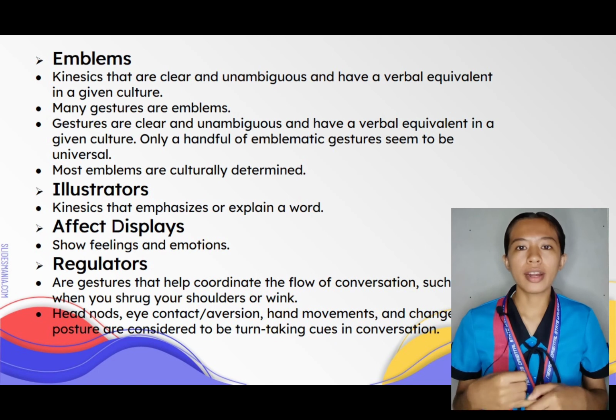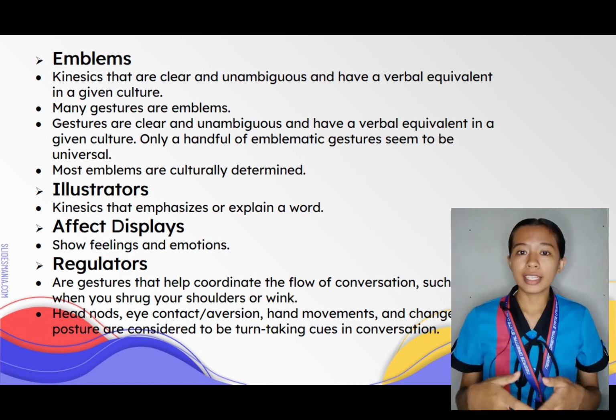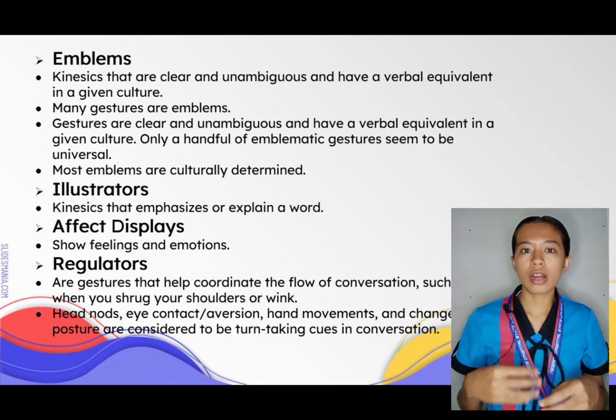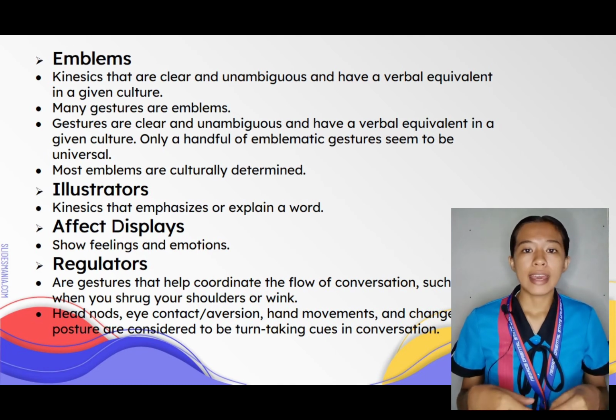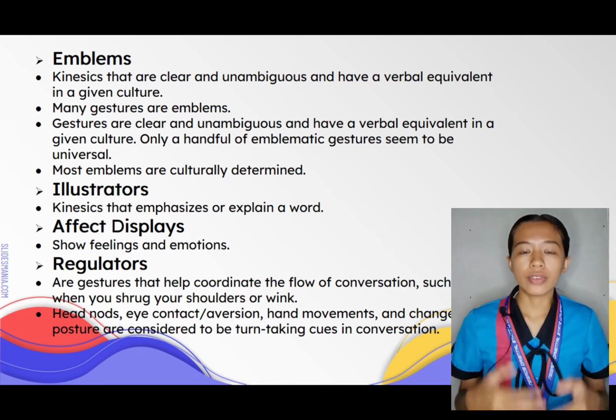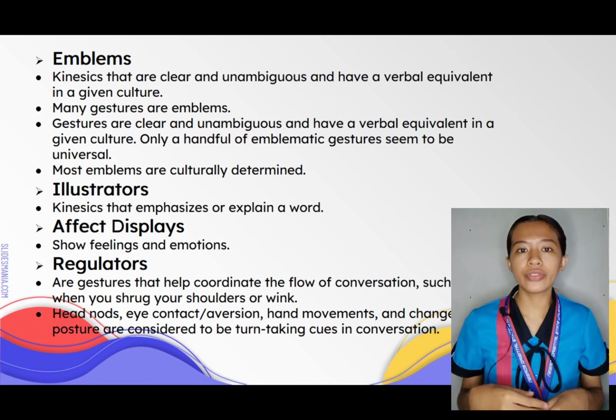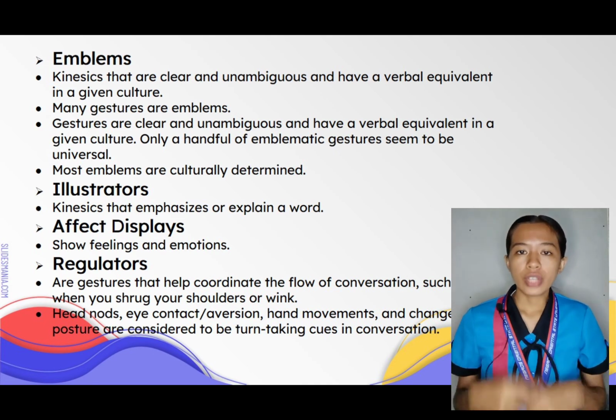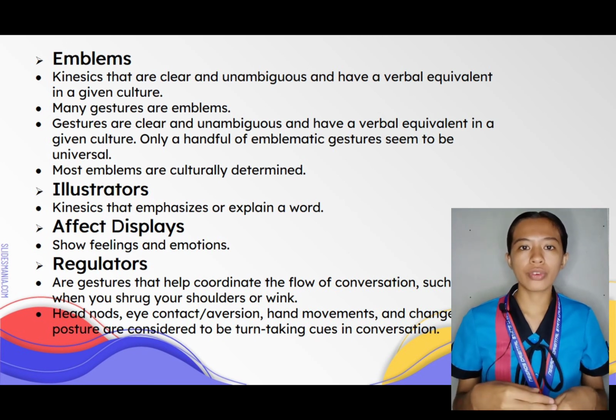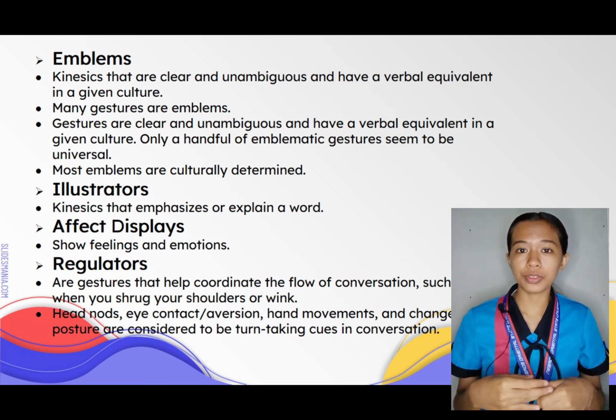Many gestures are emblems. You may recall from earlier in the chapter that emblems are clear and unambiguous and have a verbal equivalent in a given culture. Only a handful of emblematic gestures seem to be universal, for example, a shrug of the shoulders to indicate, "I don't know."